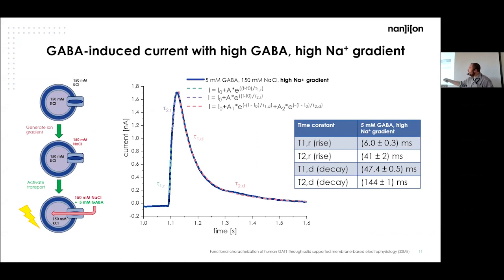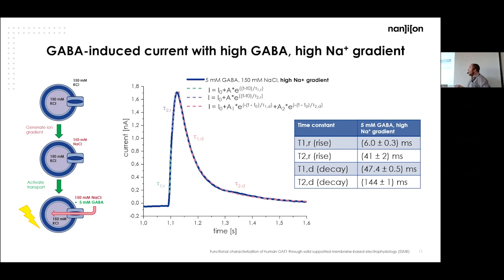I don't know if you can notice them well, but one is very fast and one is slower. And for the decay, I have two different decay times, one very slow here, and one that was faster. So here I asked myself some questions, because if the peak would represent the transport, as usually can happen with surface-supported membrane electrophysiology, then I should not see all these different rising and decay times.